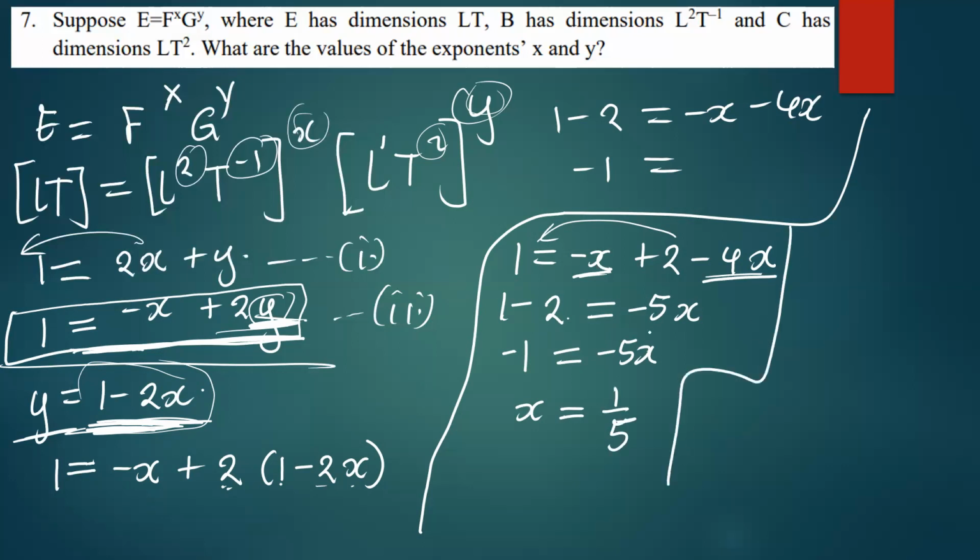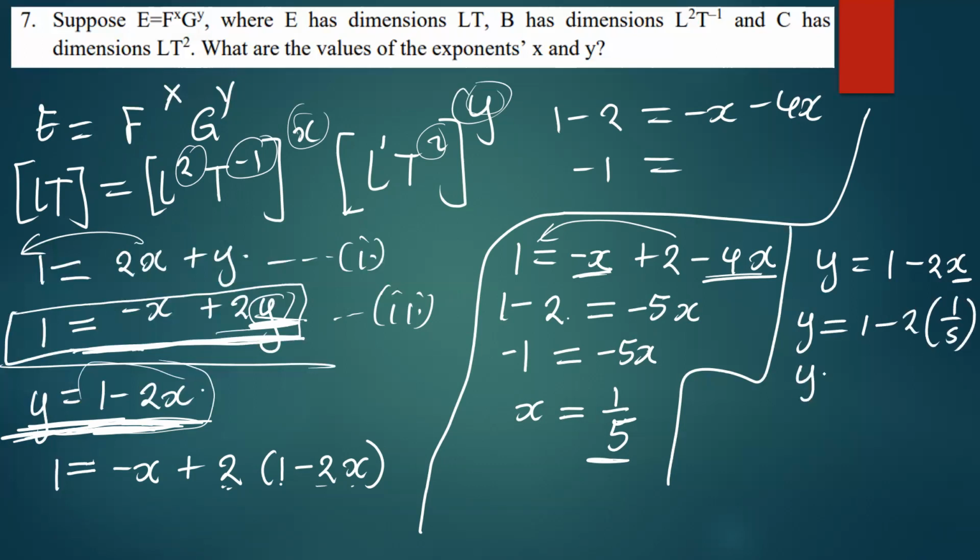After finding x, remember the value of y is found by y is equal to 1 minus 2x. So what is x? I'll just replace 1/5. So I'm going to have y being equal to 1 minus 2 times 1 over 5. So my y is equal to 1 minus 2 over 5. And therefore y will be equal to 3 over 5. So these are the two values of x and y.